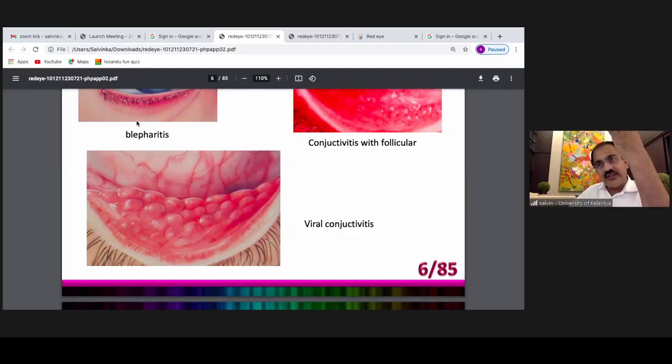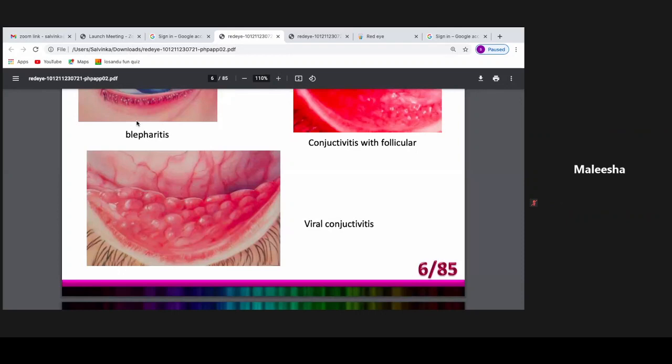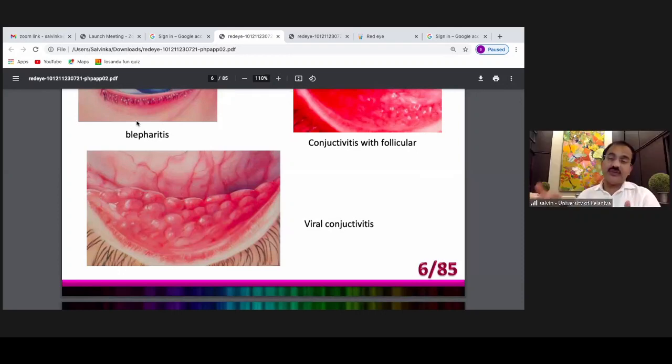What is the history? The history will tell: someone at home had it. I have a contact history of conjunctivitis. Most of the time, or sometimes it may not be. You can get it by going on a bus and holding a pole, then touching your eye. It is always direct or indirect contact. So most of the time you can have a contact history.